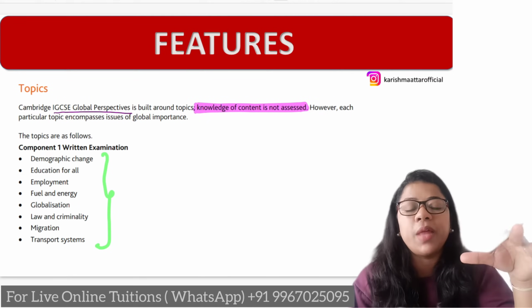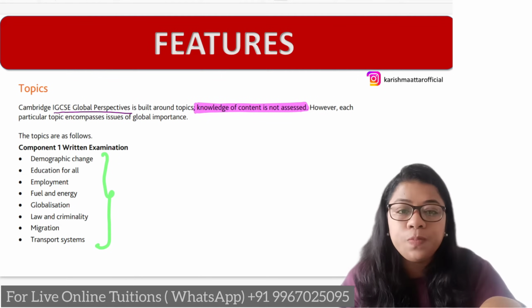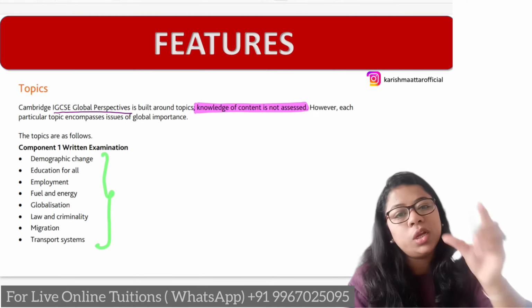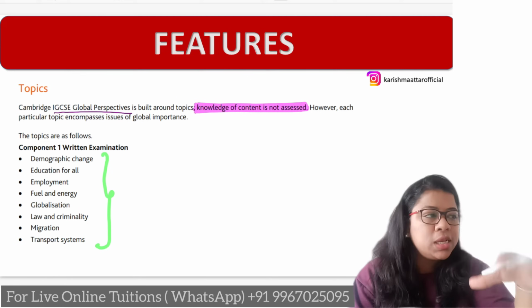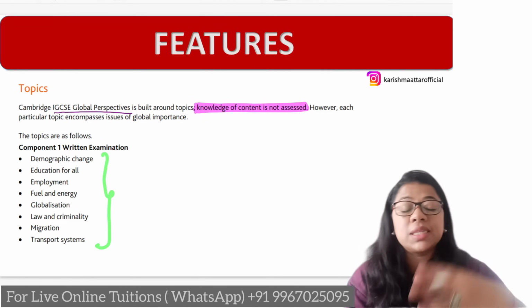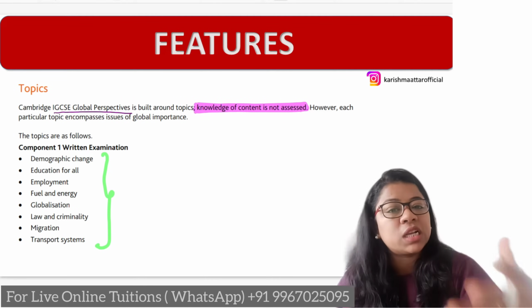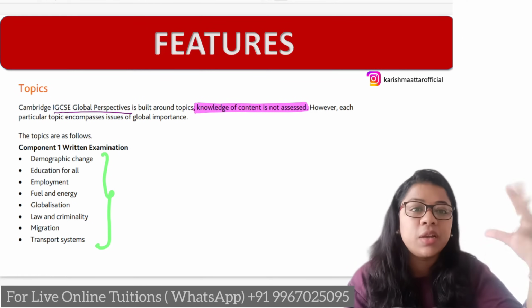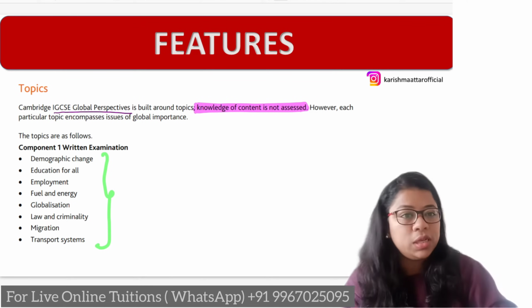This is the job that we as an educator do. We develop this thinking ability, and that's what you need to practice. You need to take up a topic, take up a source, discuss it with your friends, your parents, your siblings, somebody who will give active input, and that will help you develop critical thinking ability for all these topics.